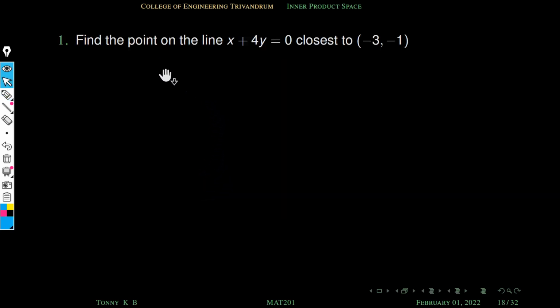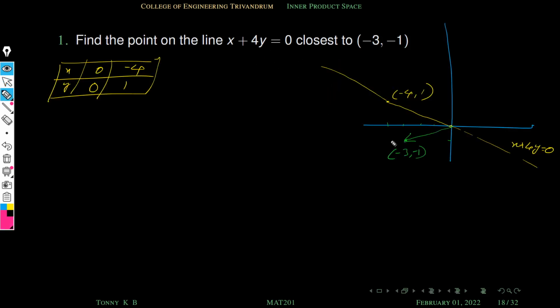We consider the problem: find the point on the line x plus 4y equal to 0 closest to the point minus 3, minus 1. First you have to analyze the geometry of this problem. First you identify the point minus 3, minus 1. To draw the straight line x plus 4y equal to 0, we find 2 points.